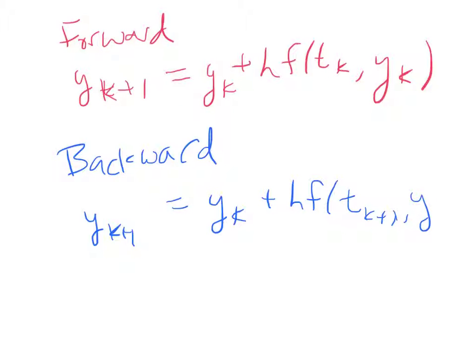Note that this is an implicit method because now we have to solve for y sub k plus 1 given our values as is. The question may arise, why would we ever use the backward method as opposed to the forward method? As it turns out, in terms of stability and the size of the stable regions, implicit methods are often better.